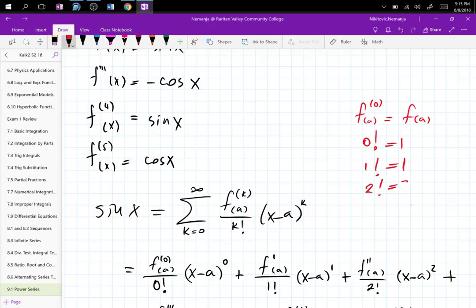Then 2 factorial is 2. 3 factorial is 6. And so on. The most confusion and most issues happen here. So, guys, it's a definition, right? It's a definition. You have 0 factorial is equal to 1.